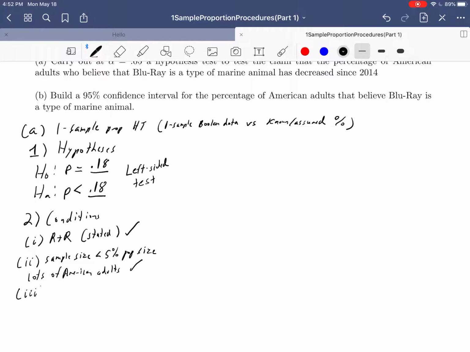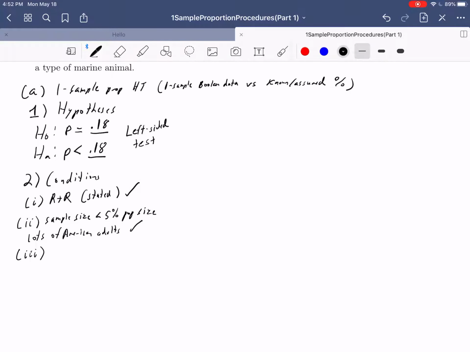And then for condition 3, we need to actually check this. We need to take n p times 1 minus p and multiply those together. So the n in this case is 200. The p, the null hypothesis, was 0.18. And then we'll have to do 1 minus 0.18. So make sure when you type this into your calculator, you use those parentheses just as written there.